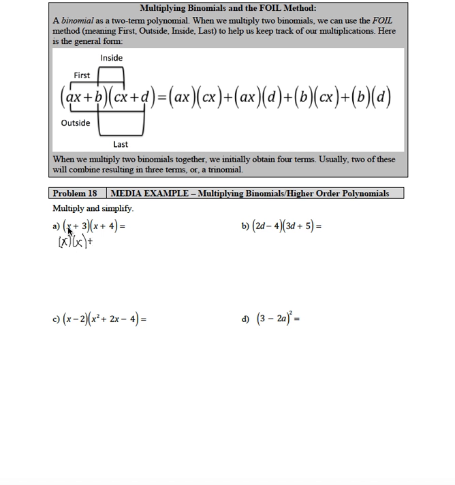The outside is x times 4, and I'm going to just write it as 4 times x because we're used to seeing it more that way. Then the inside is 3 times x, so 3 times x. And the parentheses are not super important when all we have are positive signs, but you'll see they are more important when we use negatives. And then the last, 3 times 4.